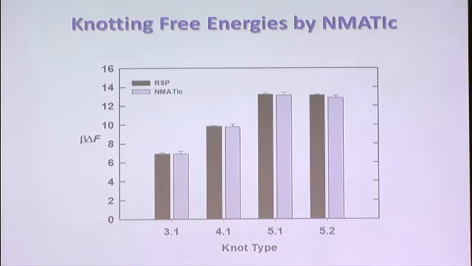What we're comparing here are the free energy of knotting values that we calculate using the pneumatic method, which is our acronym for this new procedure, and comparing those values with the knot free energies that you would get from the frequencies of knots appearing in a simulation where you allow free segment passage.